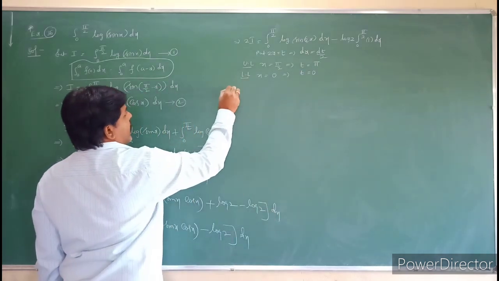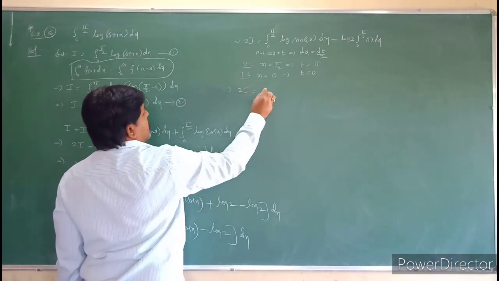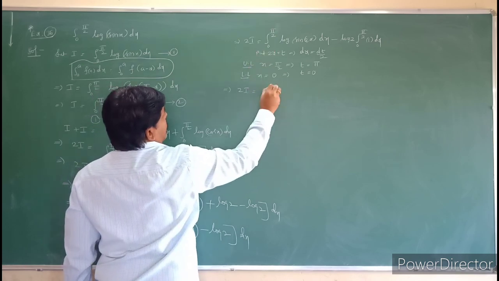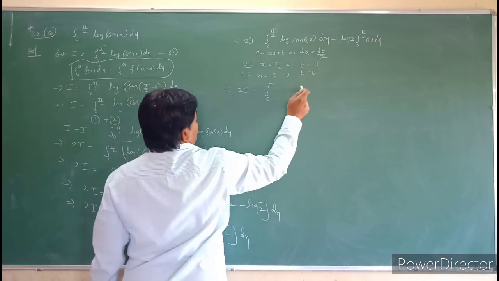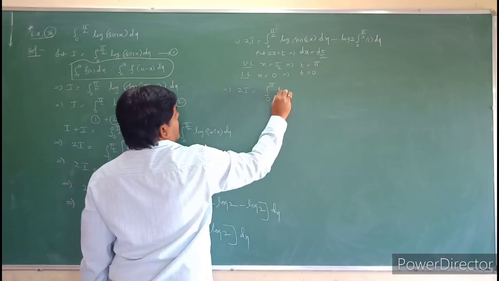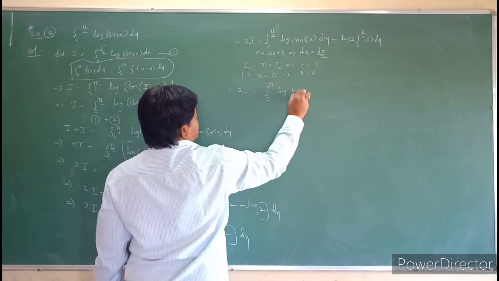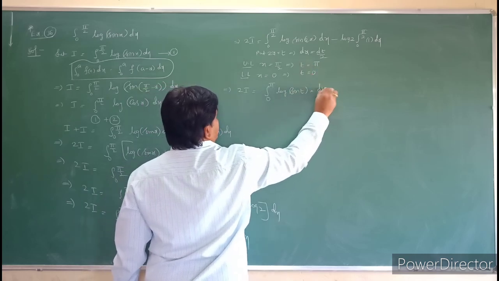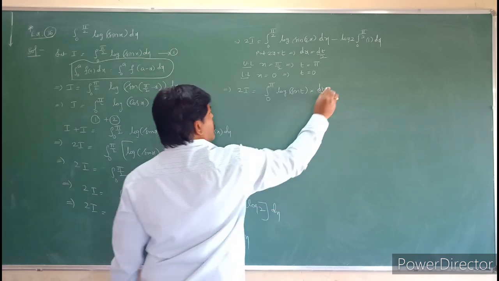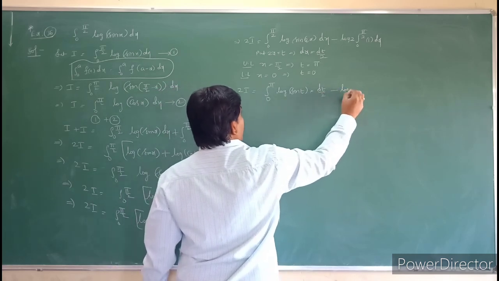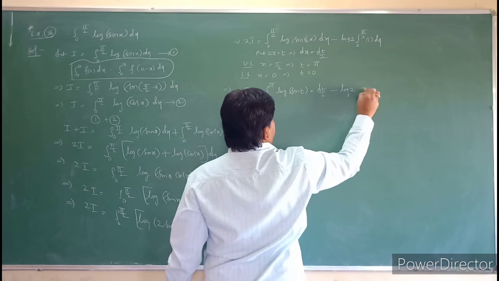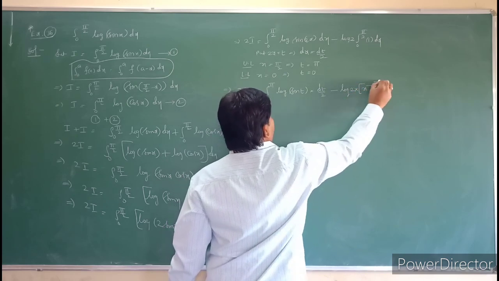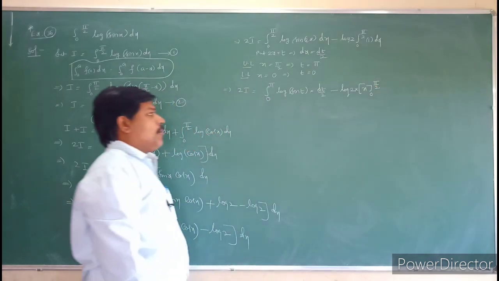So therefore that implies 2I is equal to integral 0 to pi by 2 will change to pi, of log sin t into dx, and the dx value will become dt by 2, minus log 2 times the integral of 1, which is x, over the limits 0 to pi by 2.